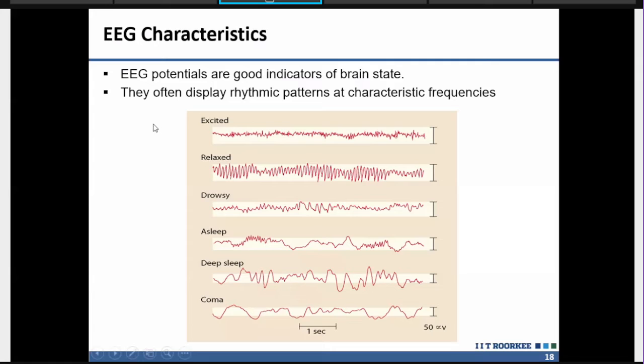But when we are in a relaxed position or in a sleeping stage, the signals will be of low frequency components.